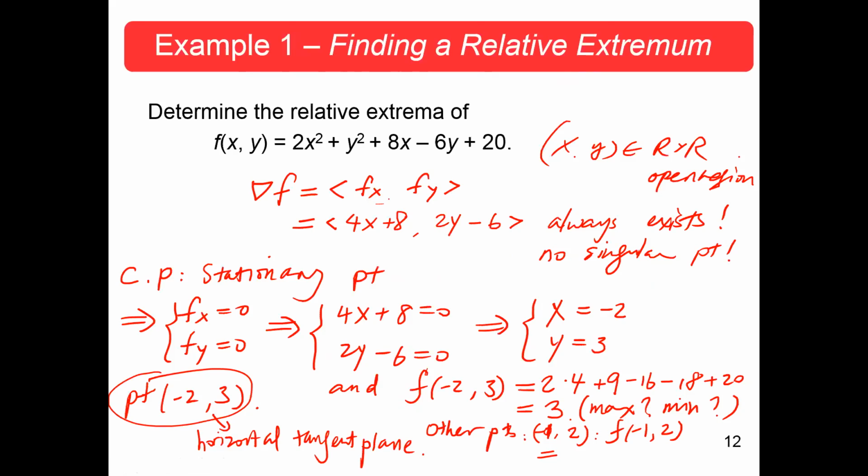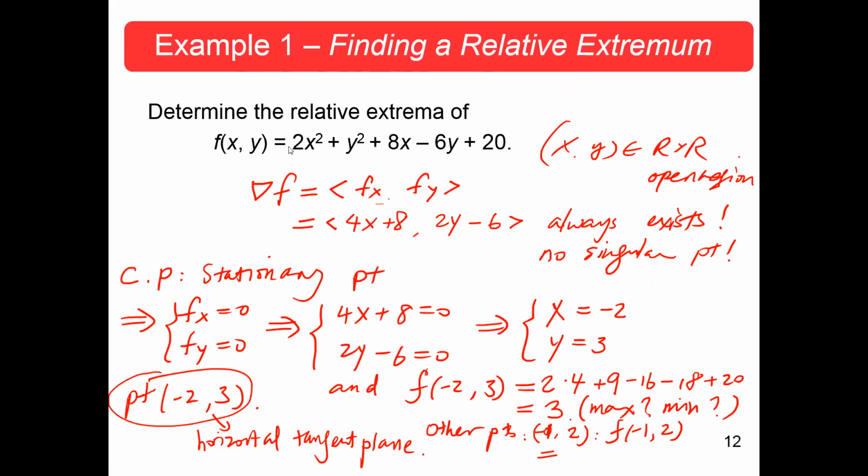What's the value at negative 1, 2? Would it be 6?